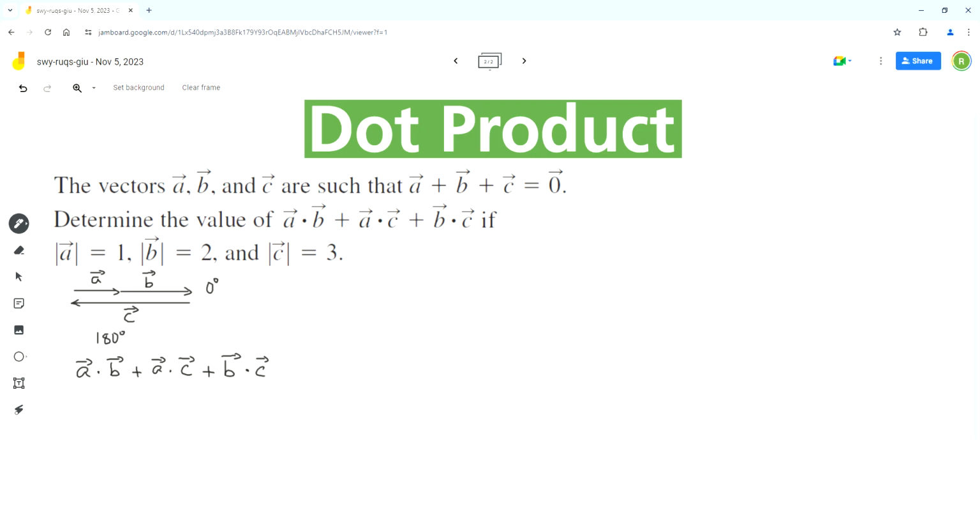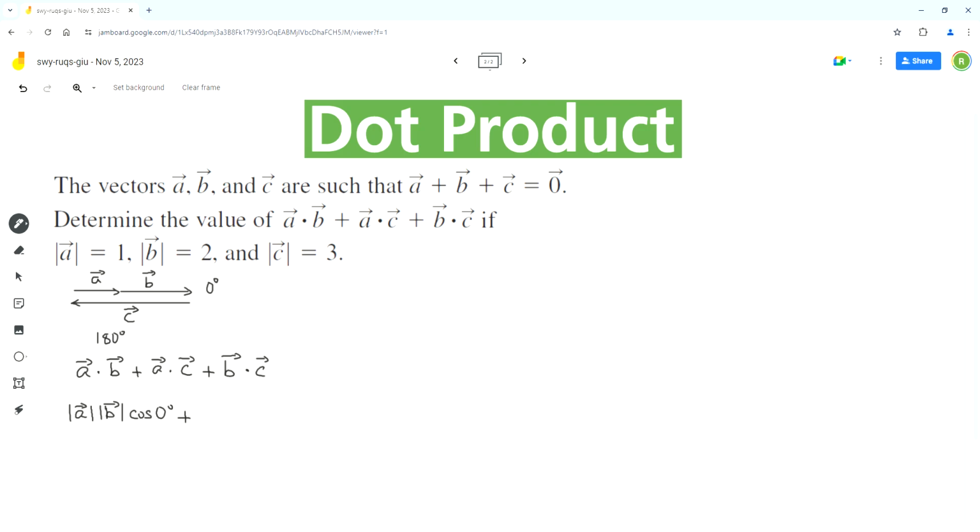So A dot B can be written as, we are using 0 degrees for vectors A and B because that's the angle between vectors A and B.